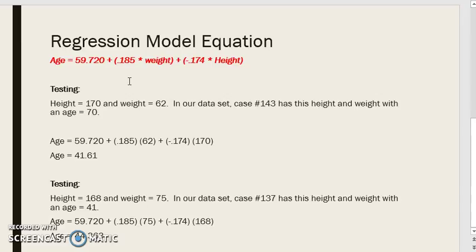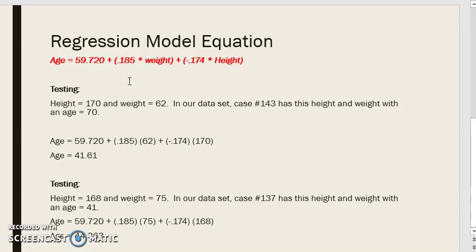Now that's only a couple years off of the actual age. And so when you're testing your model equation, which you will do, you do want to choose data that is approximately around the average age, but you also want to test upper and lower bounds.